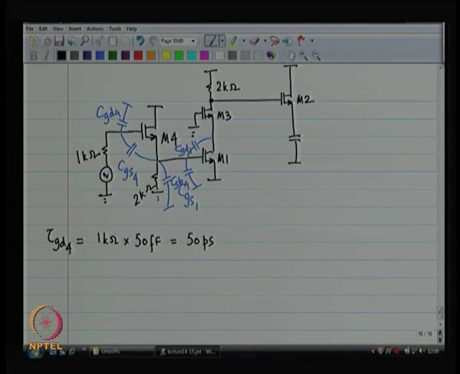So, you are still stuck with that 50 picoseconds from there. What about CGS4? You are going to do some dereferencing, right? So, CGS4 it's a system that looks like this.